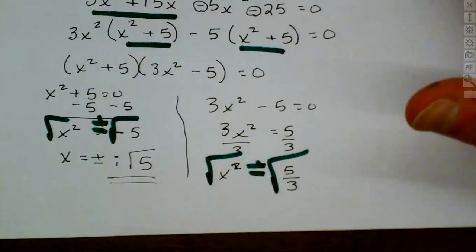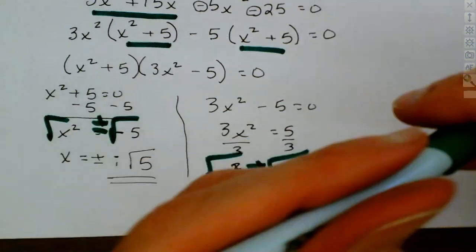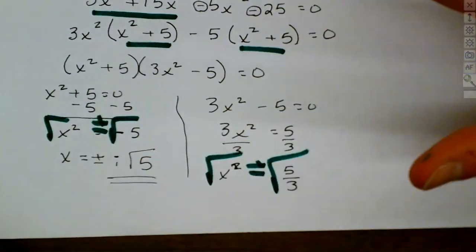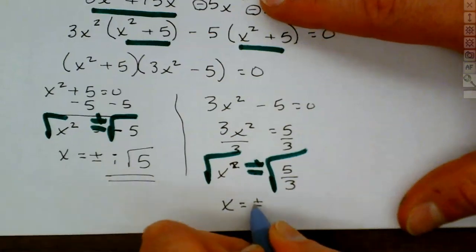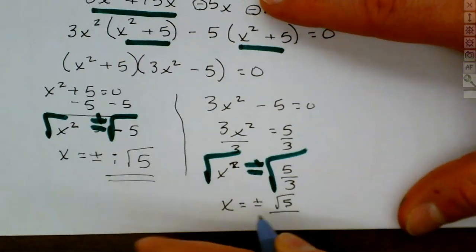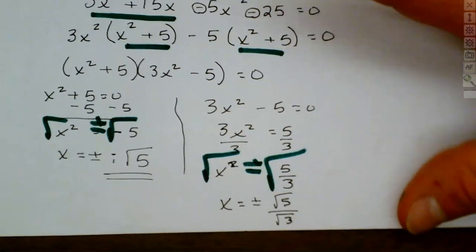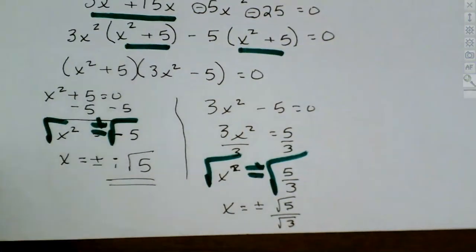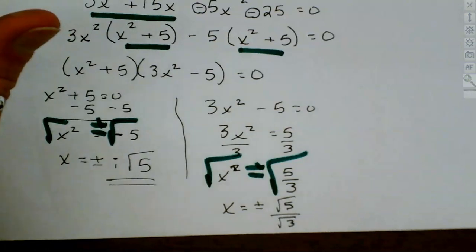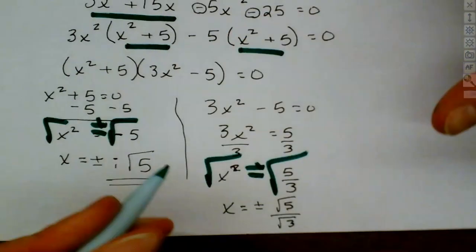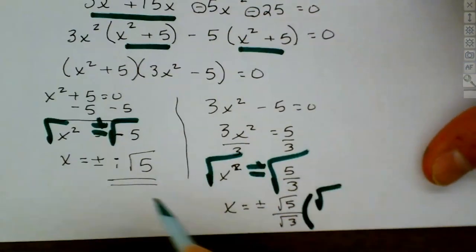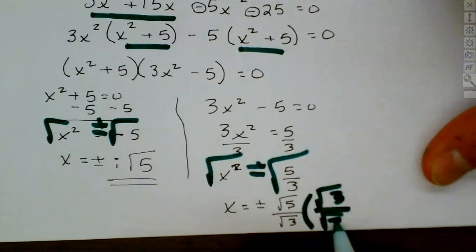Square root. Okay. And then we also need to do one more step here to get the same answers the textbook has. So we now have x equals plus or minus square root of 5 over the square root of 3. We can't leave it like that because we never want a square root in the denominator. So if you have a square root left in your denominator, you have to rationalize. So to rationalize, we'll multiply this by the square root of 3 over the square root of 3.